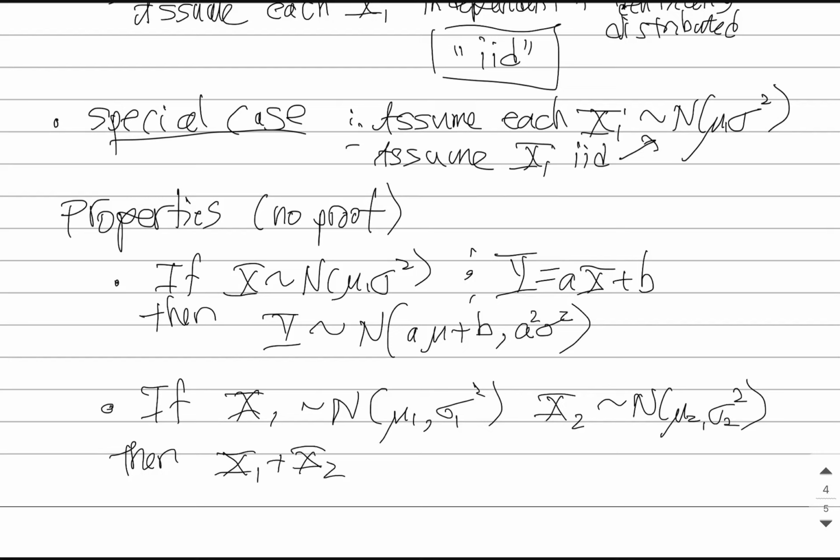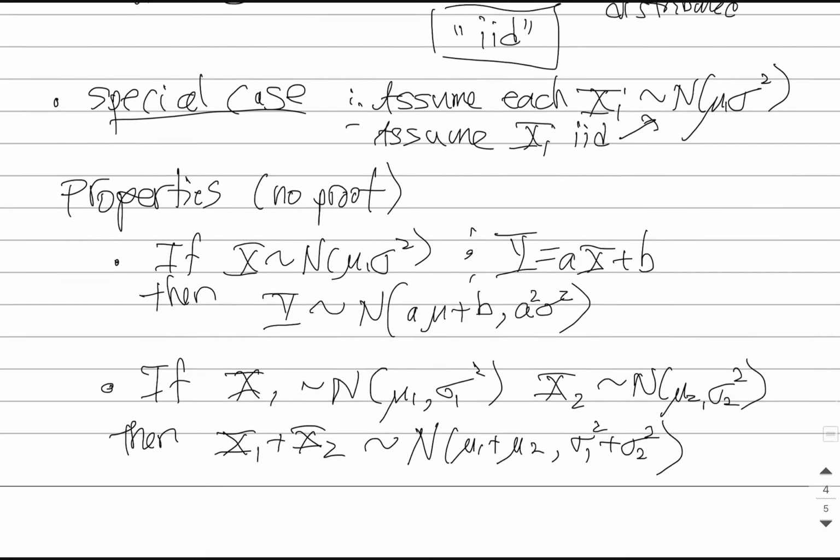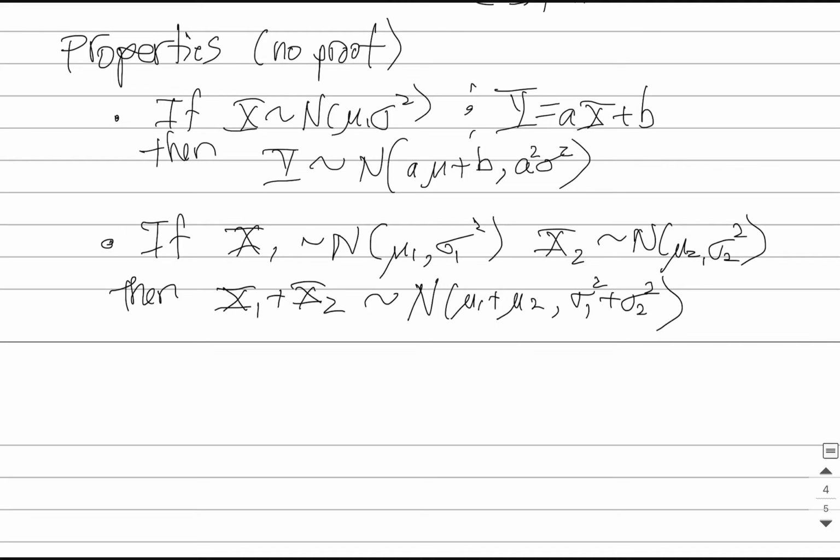It will turn out that if you have two normal distributions and you want to add them, you will end up with another normal distribution. Its mean will simply be the sum of those means, and its variance will simply be the sum of the variances. So in plain, informal words, the sum of two bumps is still a bump, right? So if you put them together, you can now talk about lots of different normal random variables.